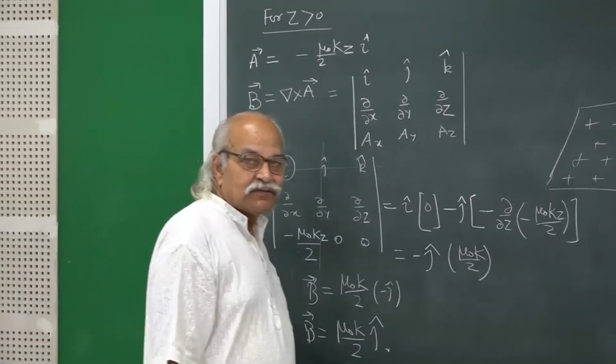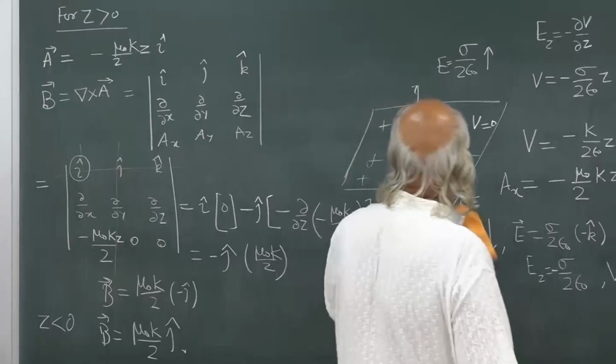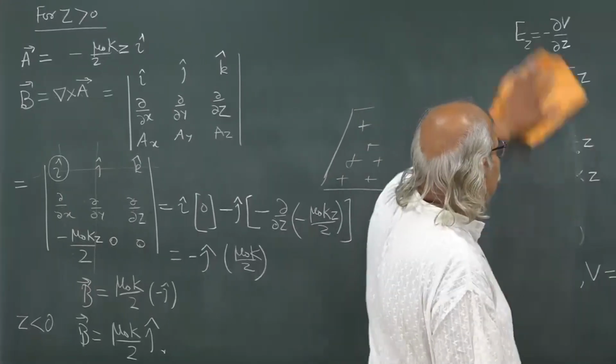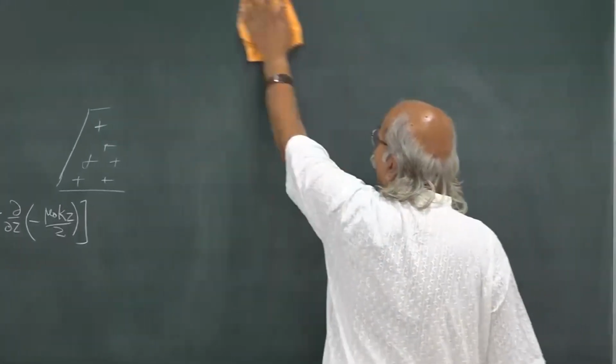Take one more example, and this example will be a rectangular or a square current loop.